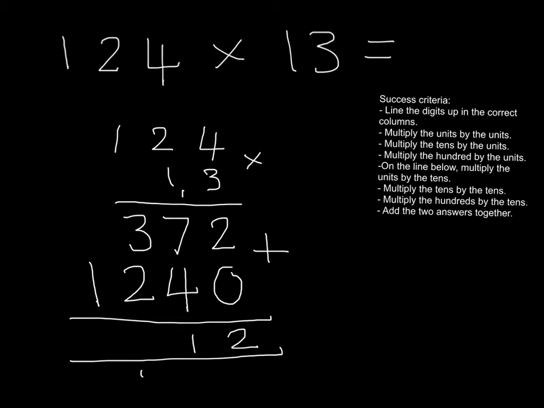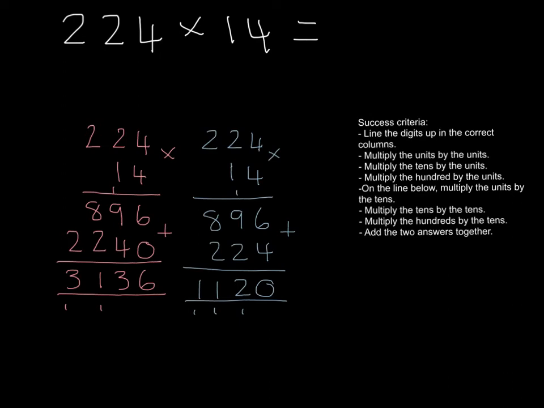Regroup the 100 below the line. 3 hundreds add 2 hundreds plus the 1 regrouped gives us 6 hundreds. No thousands add 1000 gives us 1000. The final answer is 1612.